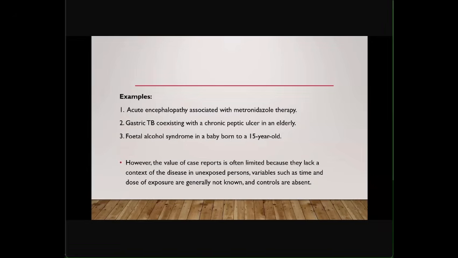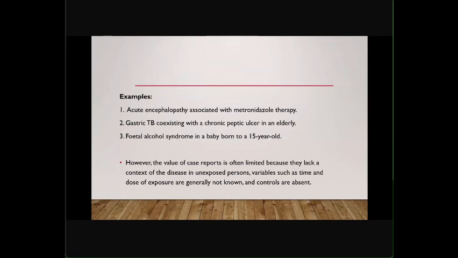That these are possible. Or the other one, fetal alcohol syndrome in a baby born to a 15-year-old. A baby born to a 15-year-old rarely should suffer from fetal alcohol syndrome. Fetal alcohol syndrome is suffered by babies born to alcoholics, right?